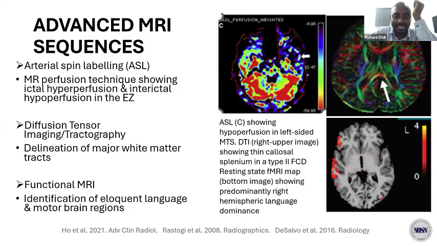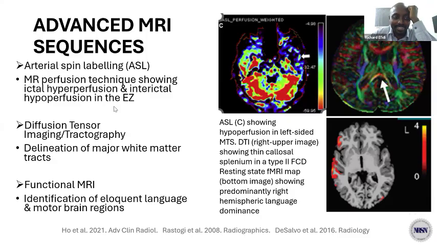Usually arterial spin labeling shows the epileptogenic focus as an area of hyperperfusion when there is seizure, and an area of hypoperfusion when there is no seizure. That's why we describe ictal hyperperfusion and inter-ictal hypoperfusion, because it describes the timeline, the instances where these are shown.